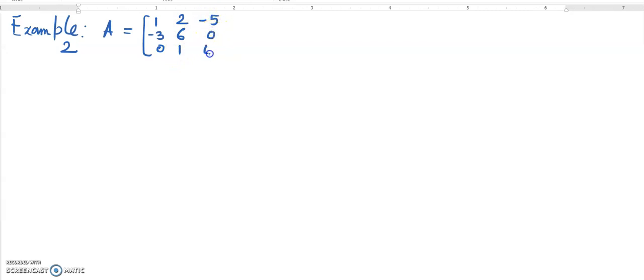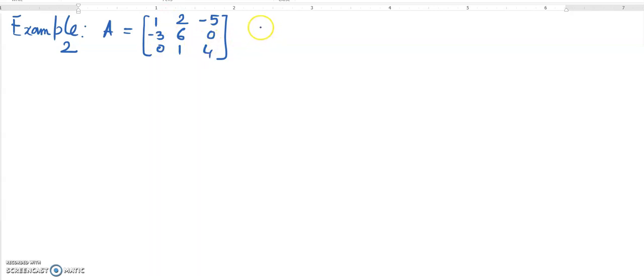Okay, I solve one more example. Example 2. So suppose I have a matrix A, 1 -3 0, and 2 6 1, and -5 0 4, and I want to determine whether the three columns of this matrix are linearly independent or not.